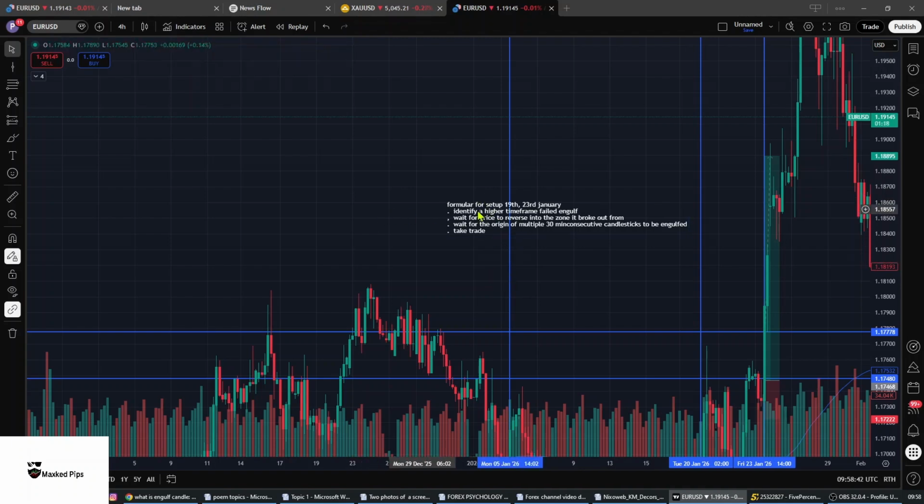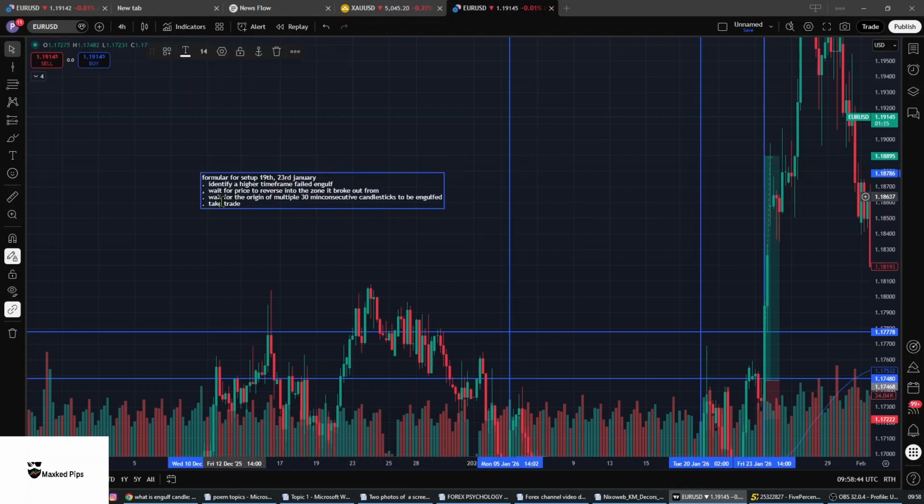So the formula for this setup is, you identify a higher time frame failed engulf. In this case, we're using H4. After you identify a higher time frame failed engulf, you wait for price to reverse back into the zone that it just broke out from.